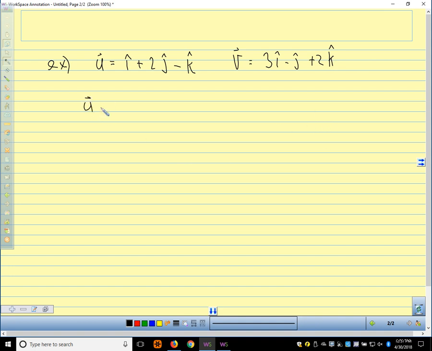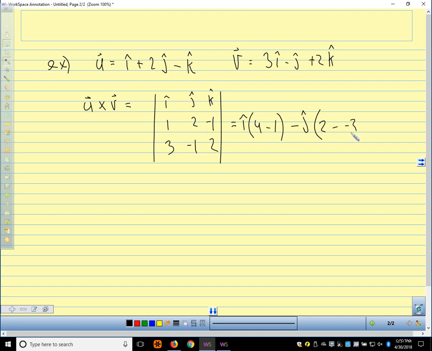So if we want to do u cross v, we're going to make this determinant: i hat, j hat, k hat. I always write these down because it's very easy to make an arithmetic error or a sign error calculating these. So I'm going to say i hat times, we'll cross out that column and that row, 4 minus 1. Minus, remember our signs go plus, minus, plus, j hat times, cross out that column and that row, 2 minus negative 3.